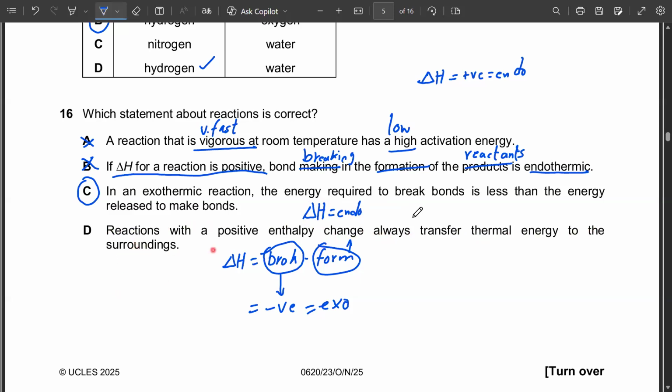So no, transferring the thermal energy to the surroundings is the indication of the exothermic reaction, not the endothermic. So they are opposite terms. So that's why D is a wrong statement.